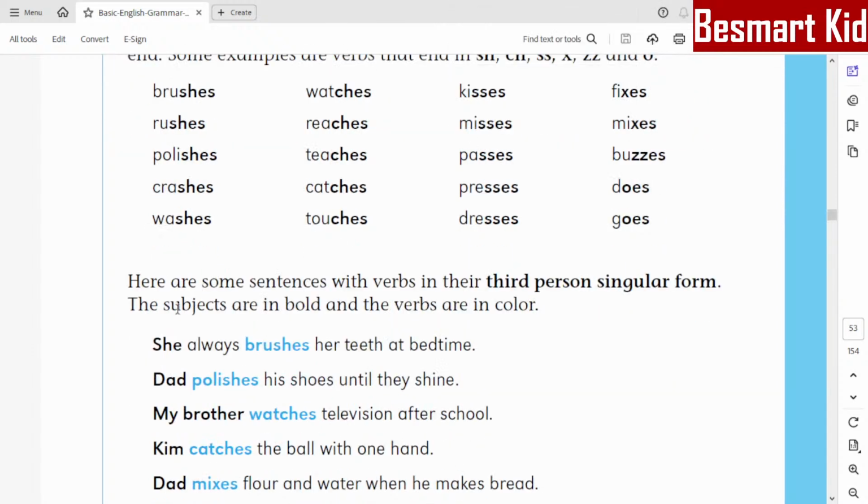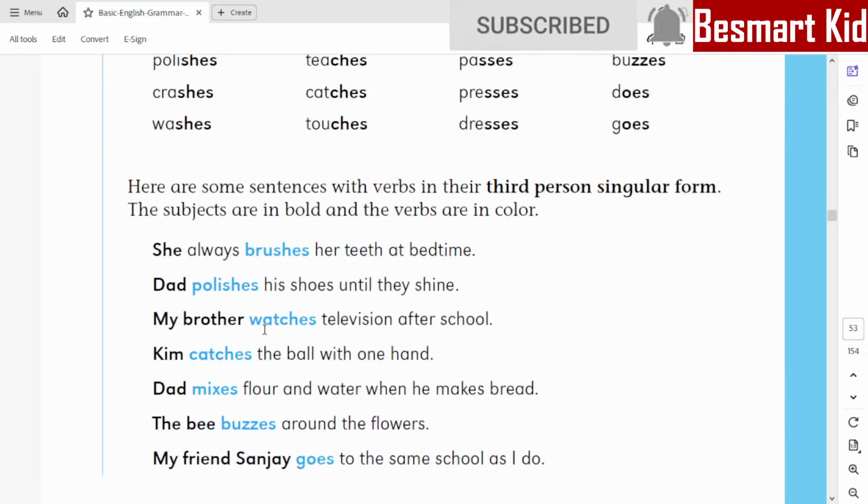Here are some sentences with verbs in the third person singular form. The subjects are bold and the verbs are in color. You see the light blue color.